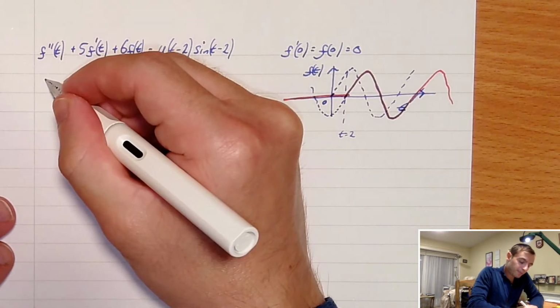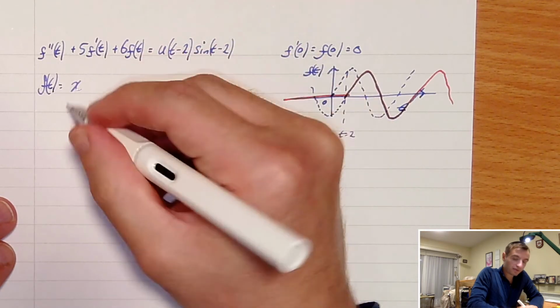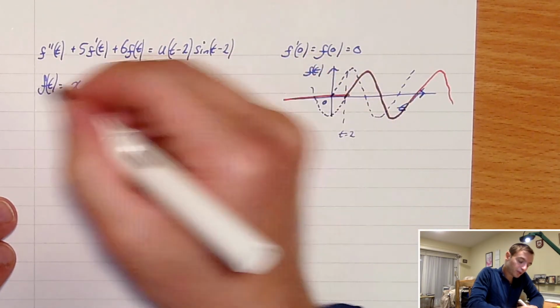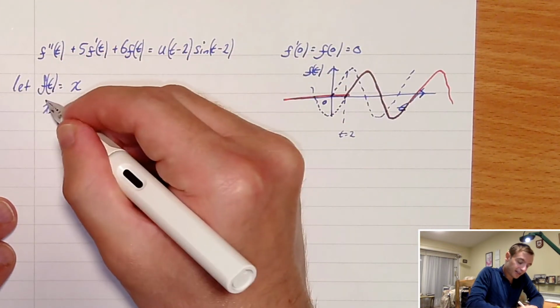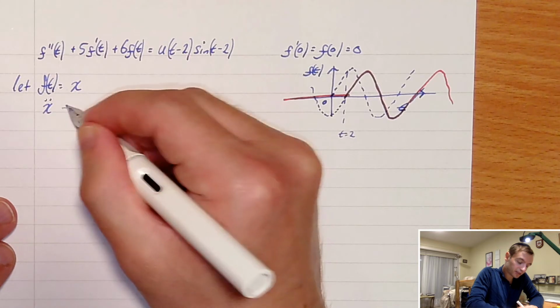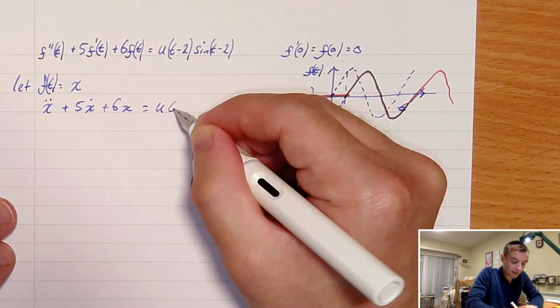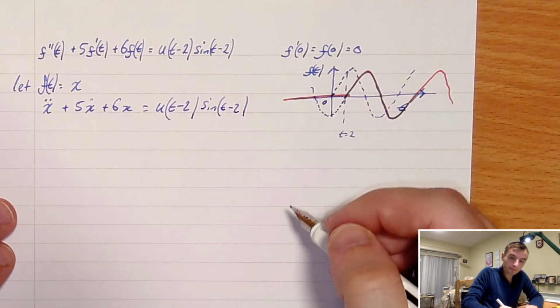So if we just say f of t equals x for the purpose of solving this, let f of t equal x. And then we can say that x double dot plus 5x dot plus 6x equals u(t minus 2) sine(t minus 2).